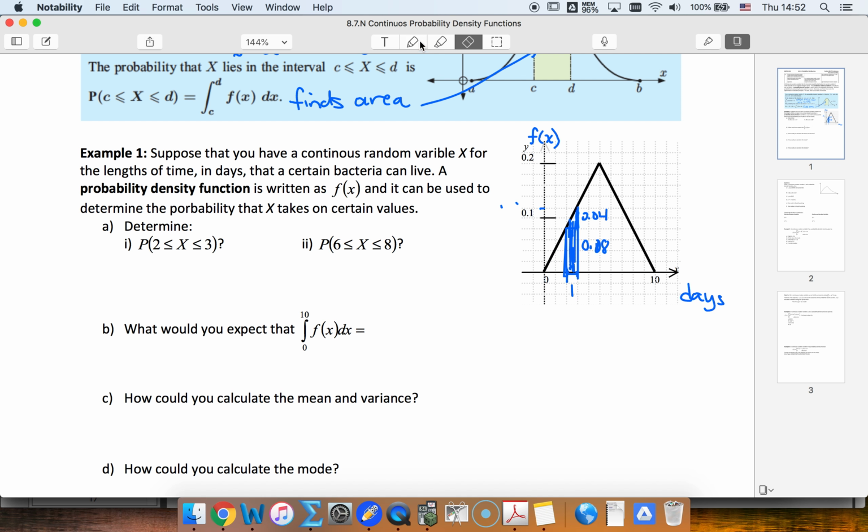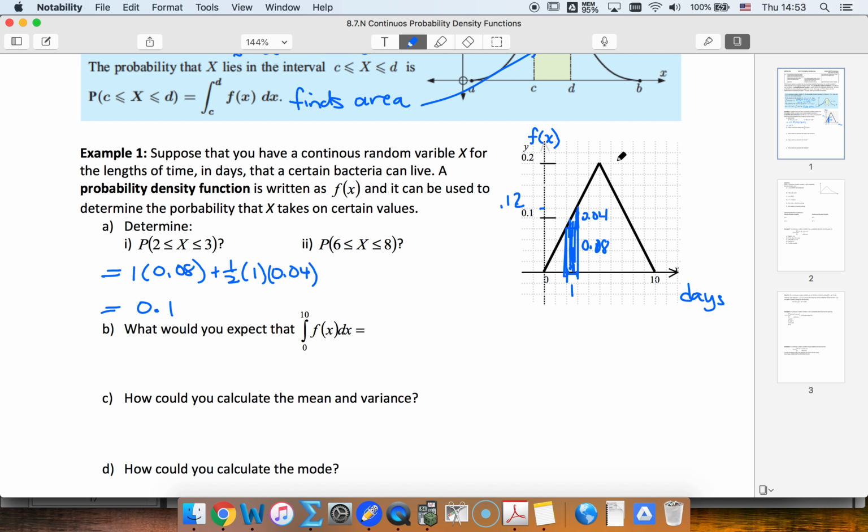All right, so now that I've read my graph correctly, I can say that my probability is going to be equal to 1 times 0.08 plus half times 1 times 0.04. So this is going to end up being 0.1 is my total area. So that's also going to be my total probability.